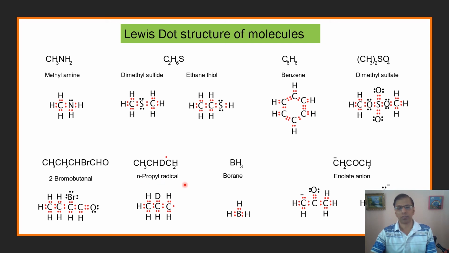In case of the N-propyl radical, you follow the same structure, and then you put a pair of electrons between each atom, and there's 1 single electron on the end carbon atom.